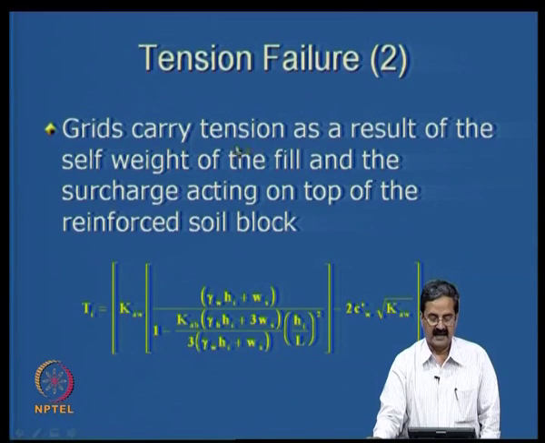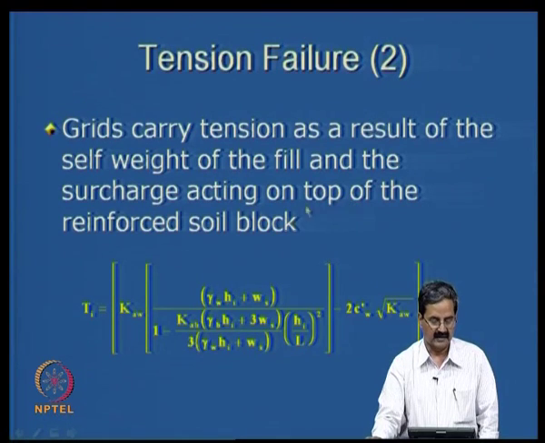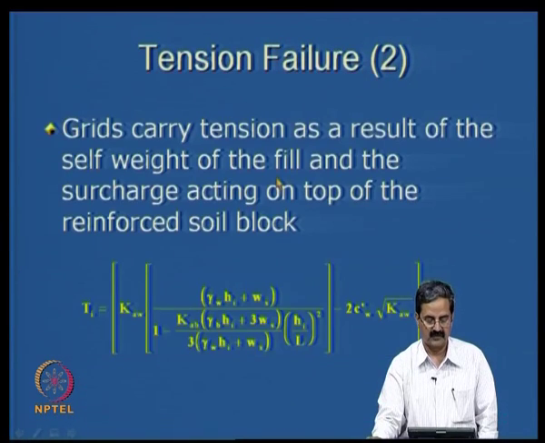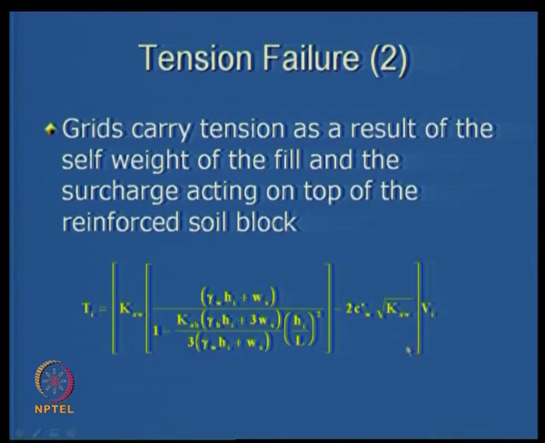The grids carry tension as a result of the self weight of the fill and the surcharge acting on the top of the block. If you have seen the previous figure, we have seen the expression, this is nothing but the vertical pressure times Ka. If the soil has cohesion, we introduce a cohesion term also, otherwise it is not required, and this acts over a distance Vi.